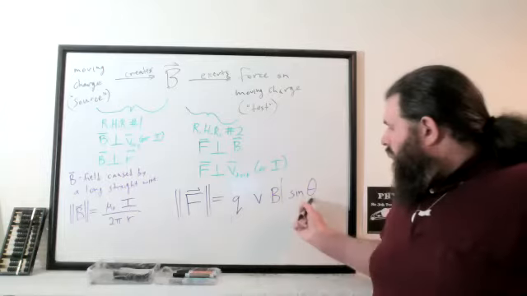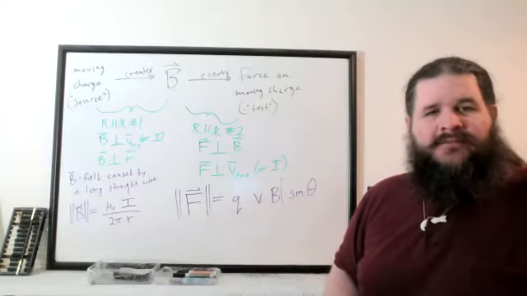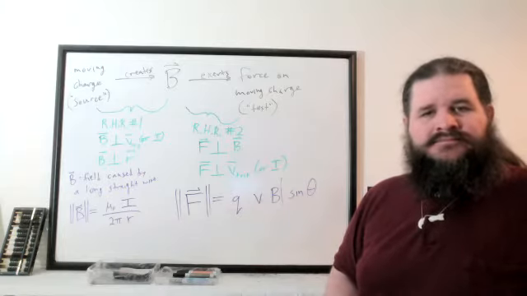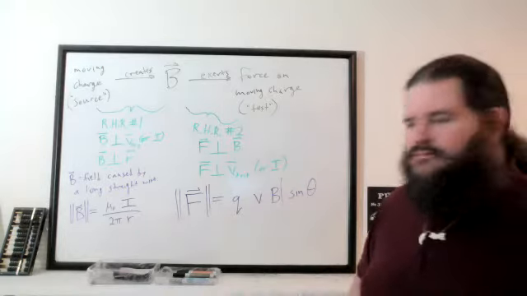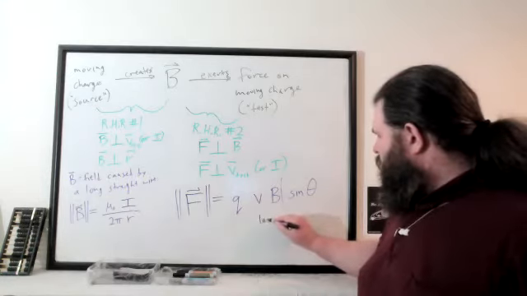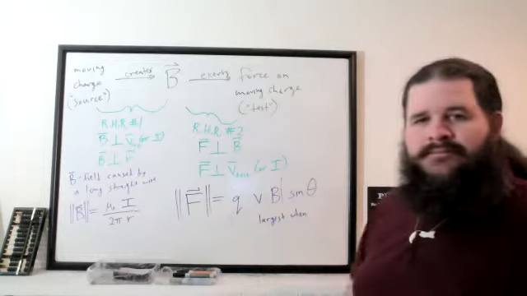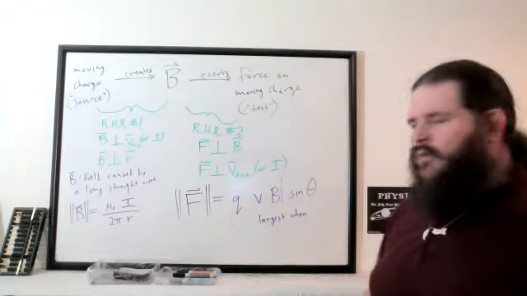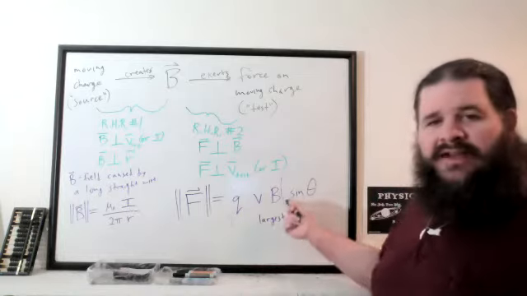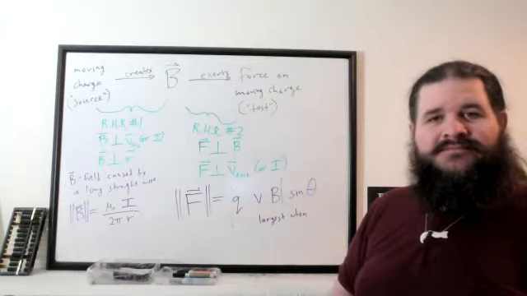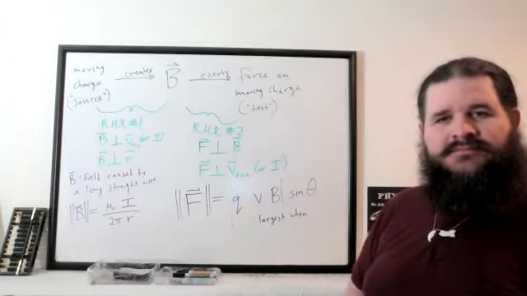So what value of theta would lead to the force being largest? What value of theta would you plug in if you want sine of theta to be the largest possible? 90 degrees.